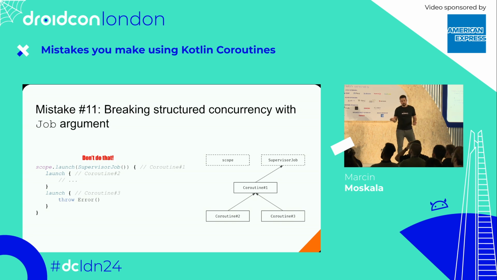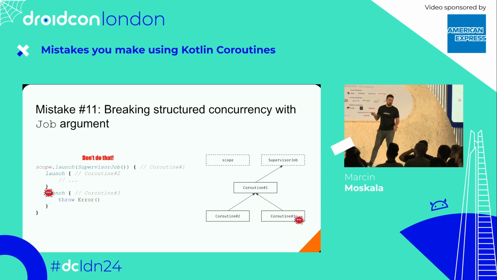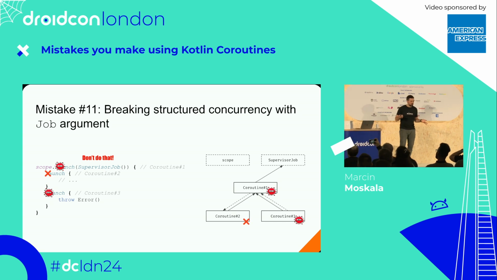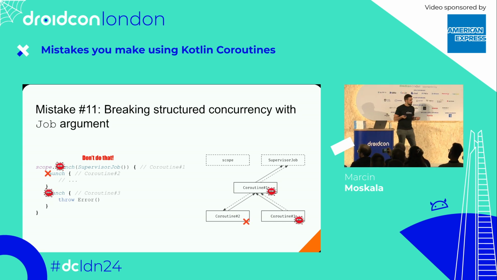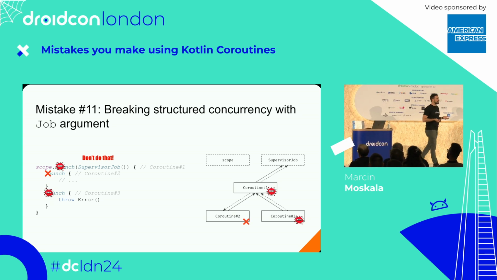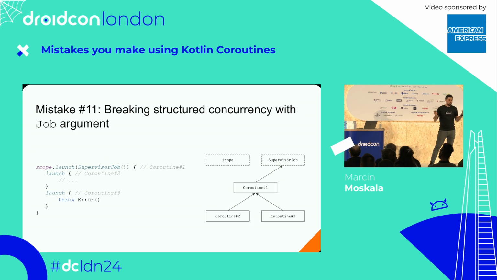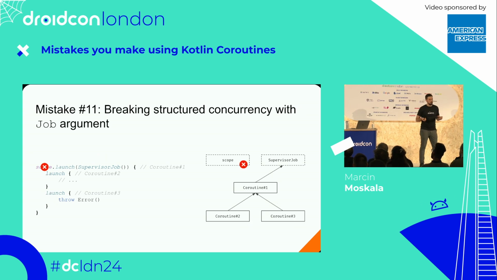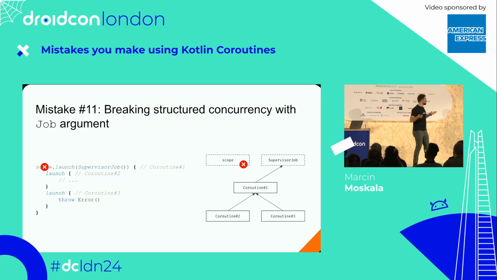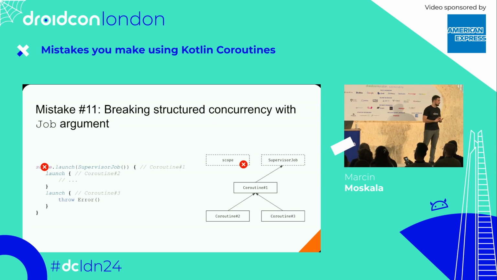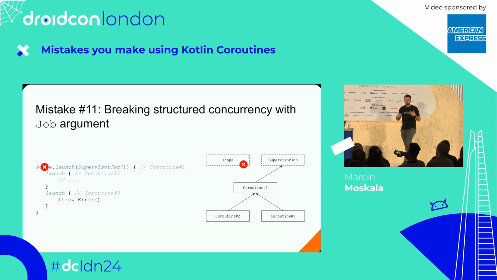An exception in coroutine 3 breaks the parent, cancels children. This supervisor job is practically useless. But worse than that, if you cancel the scope, then coroutine 1 won't be canceled because it has no relationship. It's a child of a supervisor job, not a child of the scope. So that's breaking structured concurrency.